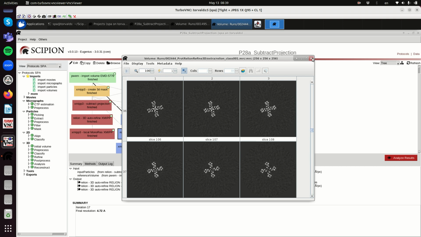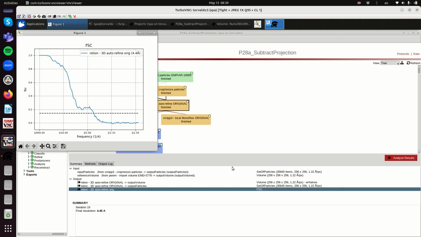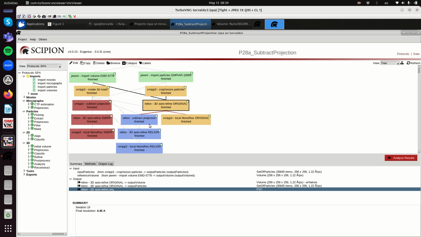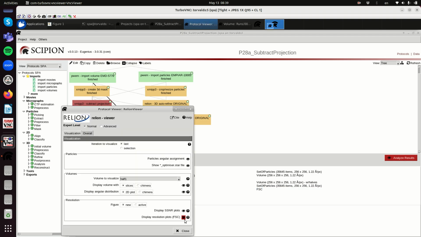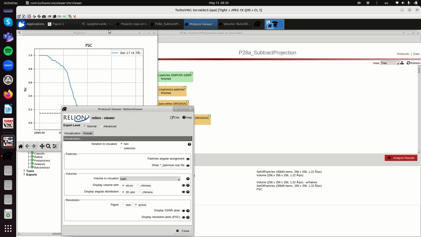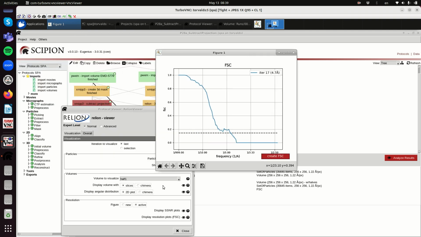We can check if that is the case really. So we can open this FSC, and then when we open this one, we can make it the active FSC, so we can check whether it is above that one.